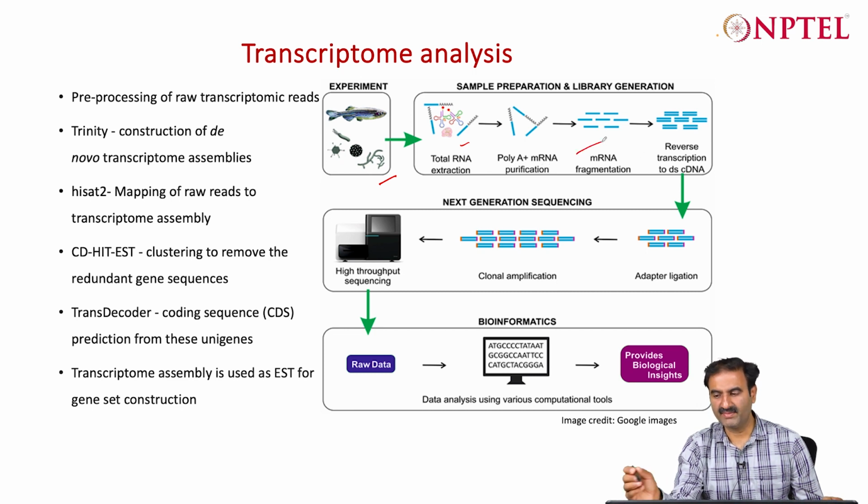Then mRNA is fragmented and reverse transcribed into cDNA, because generally it is the DNA that you are sequencing. Adapters are ligated in case of Illumina, for example, and others also, and then clonally amplified on the flow cell of Illumina, followed by high throughput sequencing.